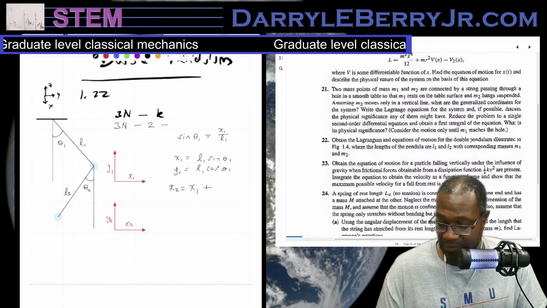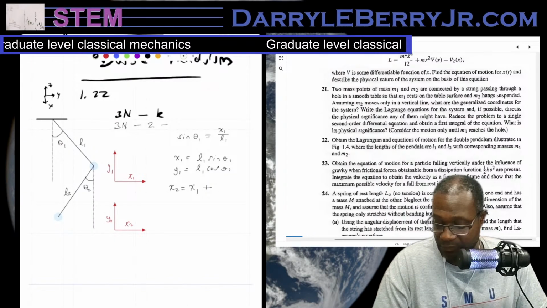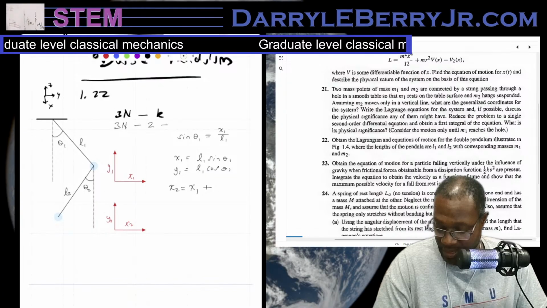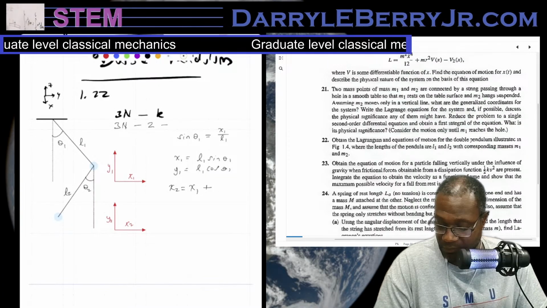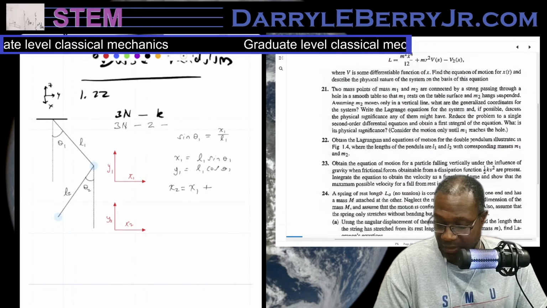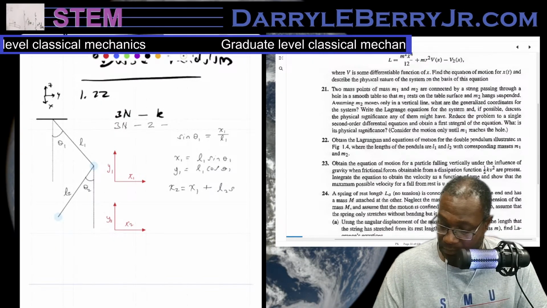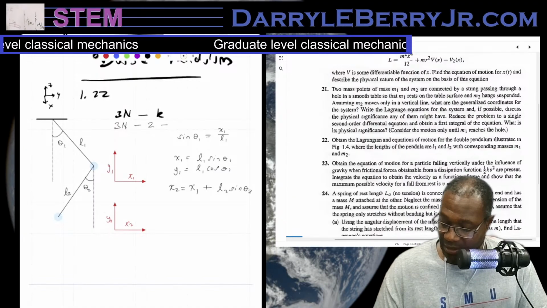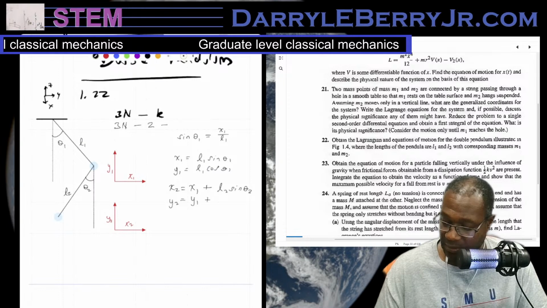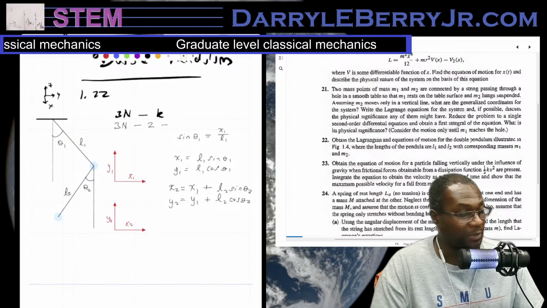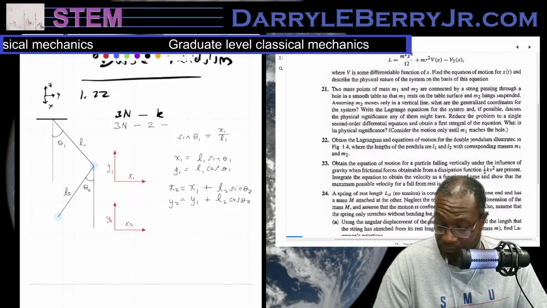It's going to be sine theta 2 is x2 over L2. So x2 is L2 times sine theta 2. And by the same token, y2 equals y1 plus L2 cosine theta 2. Let me check and make sure I have these correct.